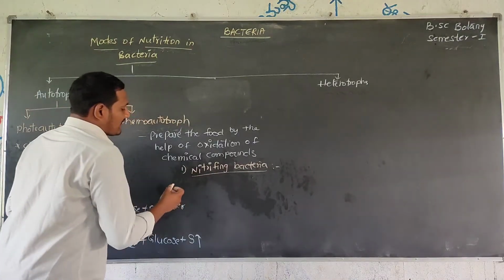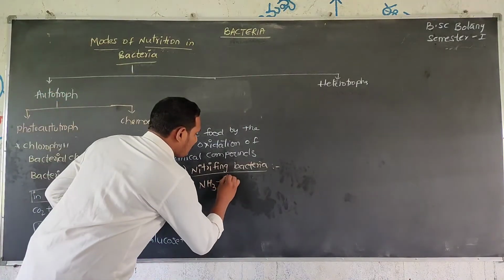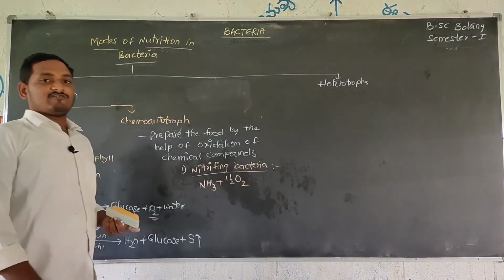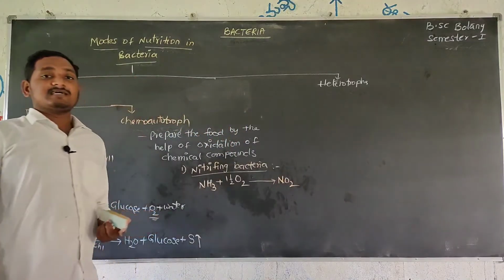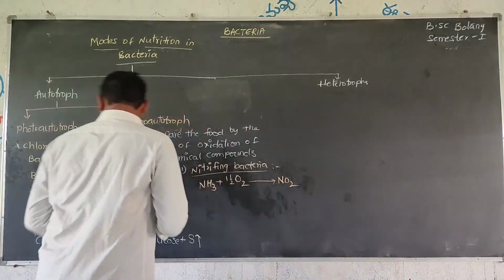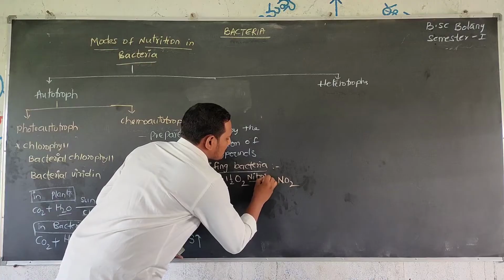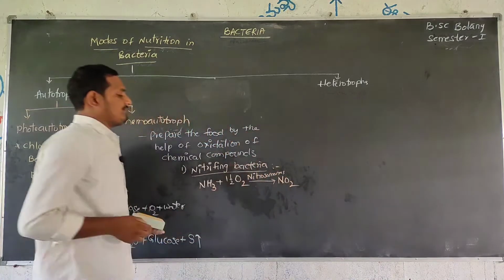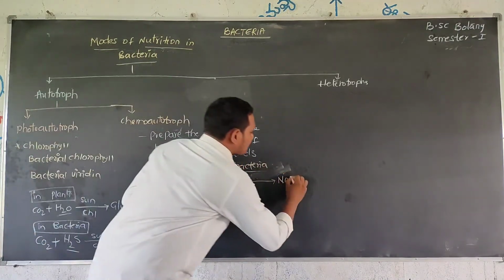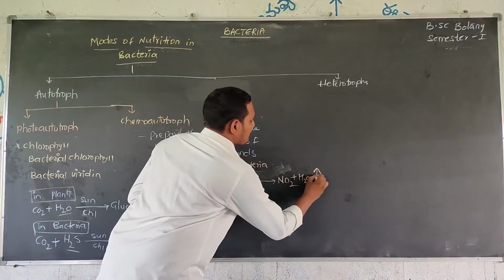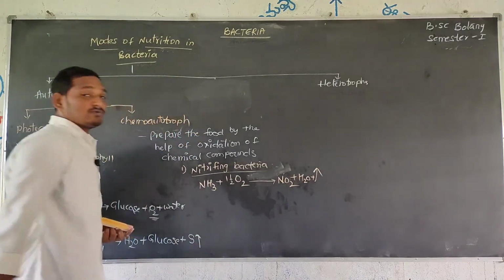Here, nitrifying bacteria first oxidize ammonia with 1.5 molecules of oxygen and release nitrites, by the help of Nitrosomonas, and water plus energy.